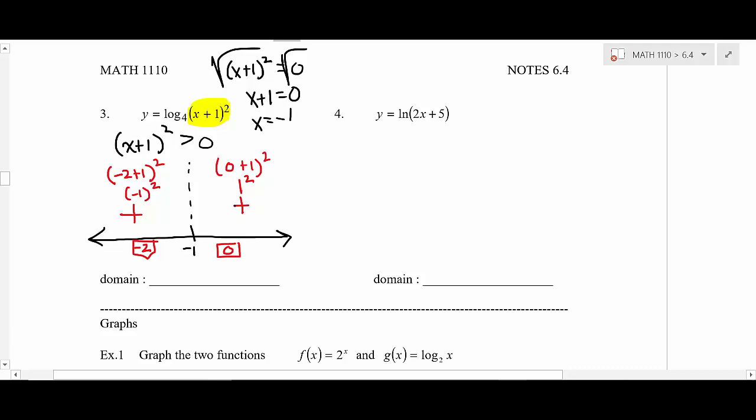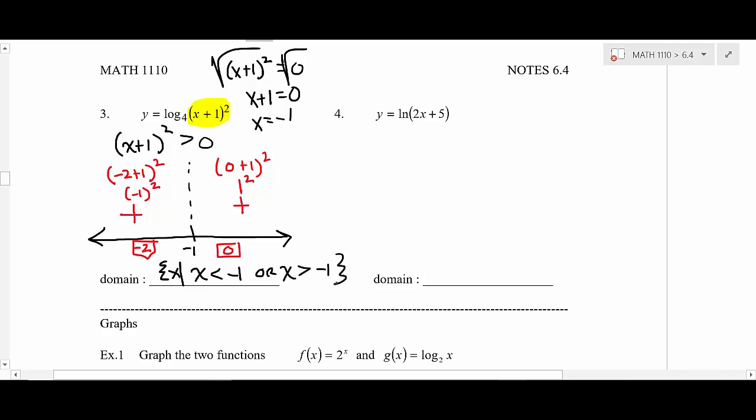So we're trying to figure out what values of x cause this to be positive. Well, everything there, the only problem is that number right there. So for your domain, you can write it in one of two ways. You could say set of x, x is less than negative 1, or x is greater than negative 1.